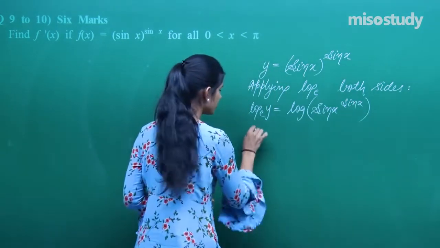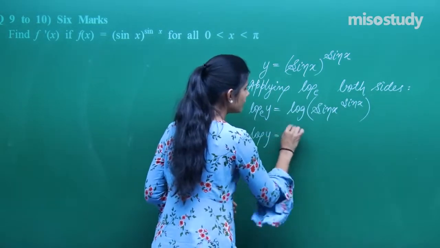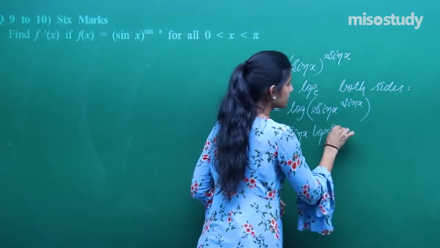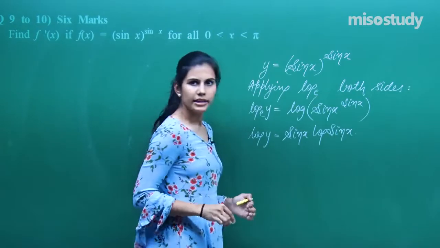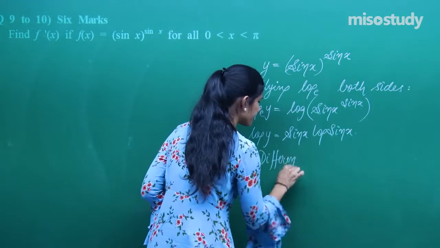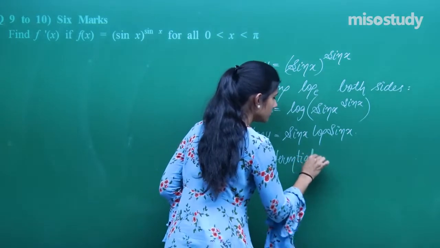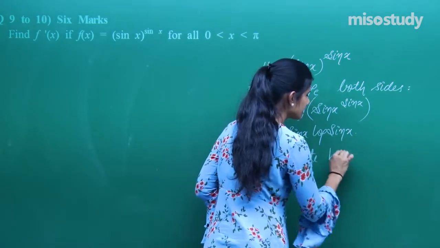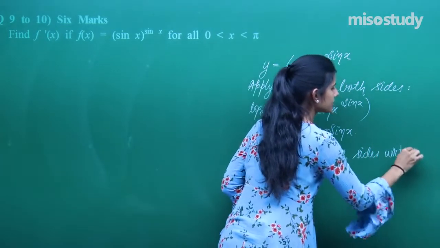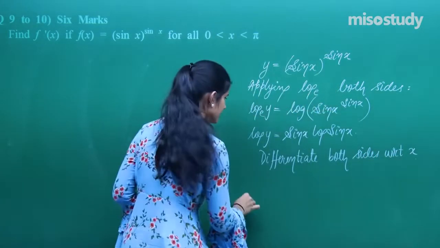This will be what? Log y is equal to sin x log sin x. Clearly you know the next step, differentiate both sides with respect to x. So what do you get?